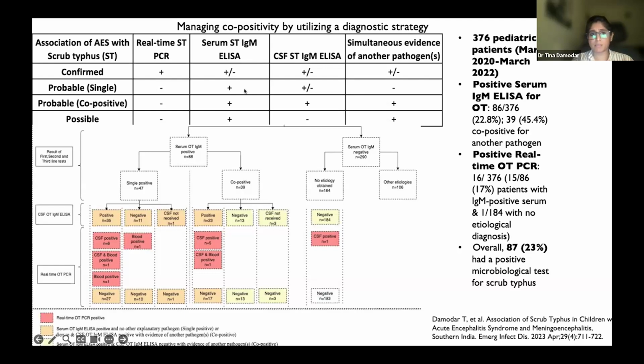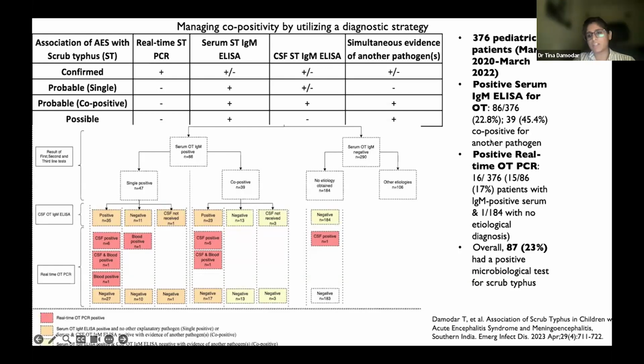So this is something which is already published. In the first 2 years of the study, we enrolled around 376 pediatric patients, and a positive serum IgM ELISA was found in 86 of the 376. However, 45% of these had co-positivity for another pathogen.